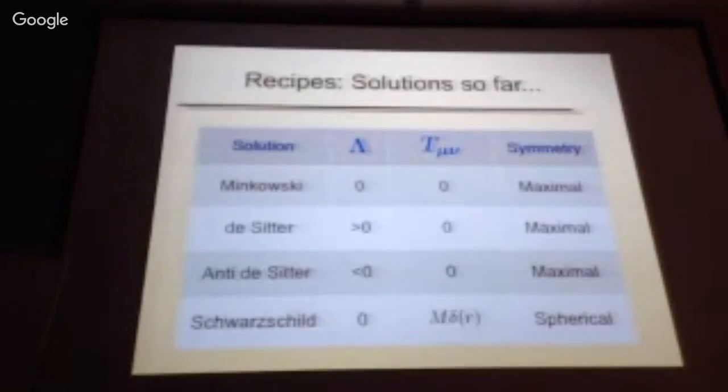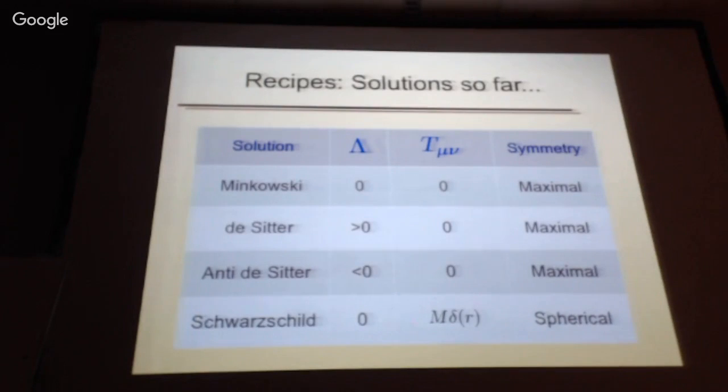So far we have described maximally symmetric solutions with zero source in vacuum. We have flat space. If we have a positive cosmological constant, we have de Sitter. If we have a negative cosmological constant, we have anti-de Sitter.